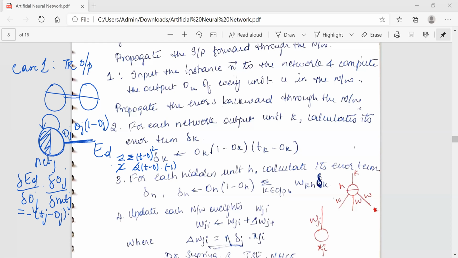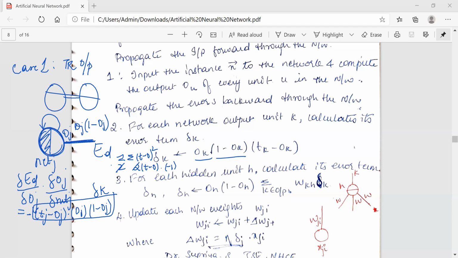Rather than specifying everything, we said that until this particular term, we will write it as delta K. So minus delta K is the value that we will be applying for the output neuron. This was our output neuron, so I'll write delta K is equal to Ok into 1 minus Ok, which is the value of the neuron that I'll be getting.